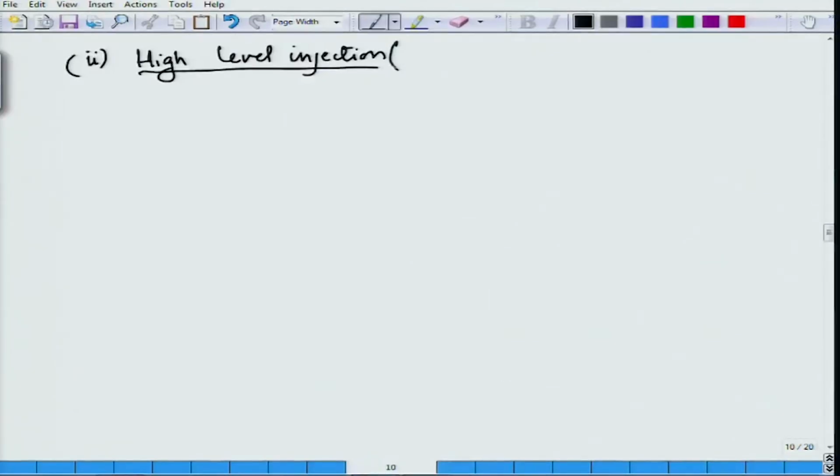One can also talk about it as injection or excitation. Normally injection is used when you have electrical generation, but if there are other means, then one would call it high level excitation. In this particular case, the excess carriers that are generated are much greater than the total carrier concentration in equilibrium.